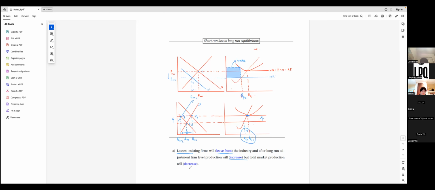And the total market production will decrease, like we did here. So total production decreases. These two arrows. Okay, so total quantity decreases.